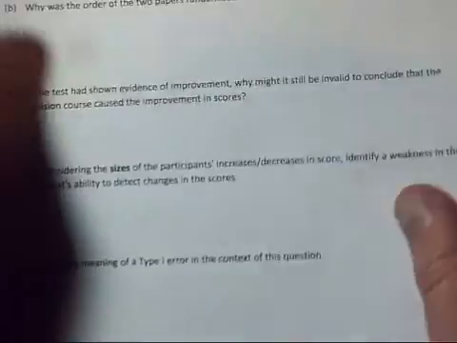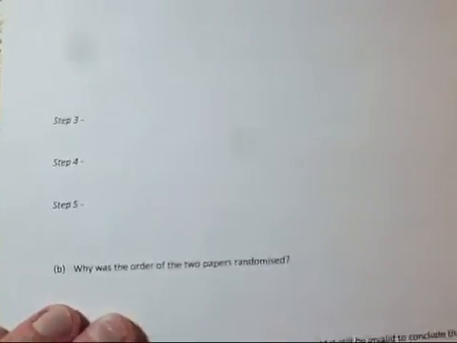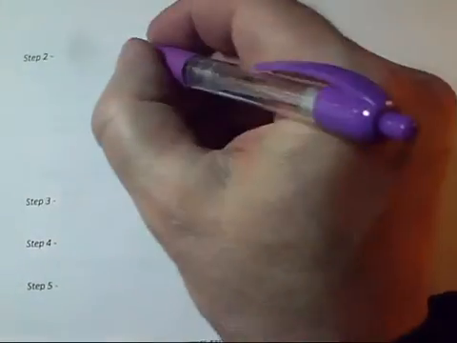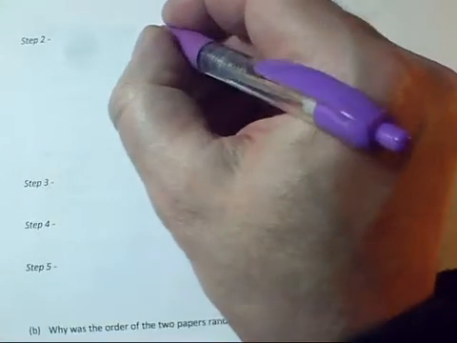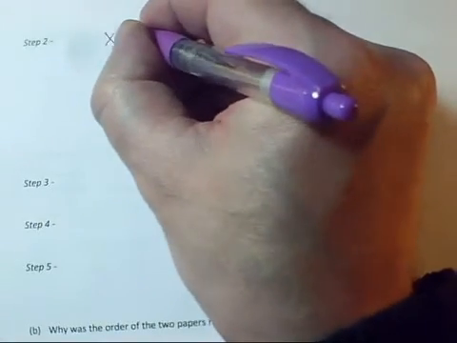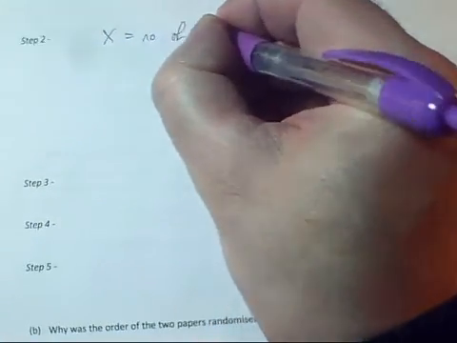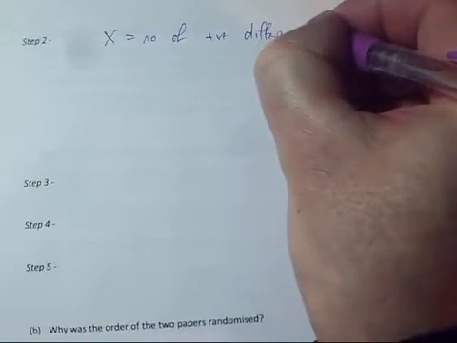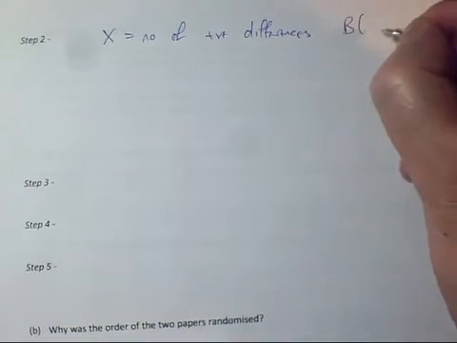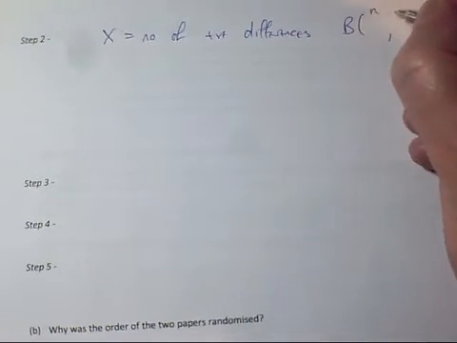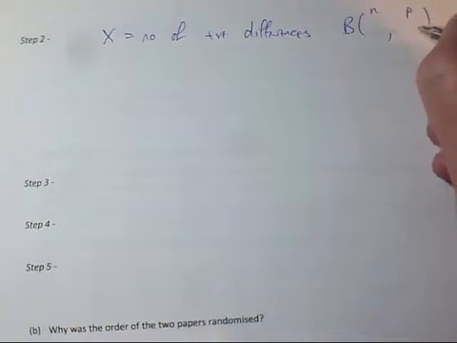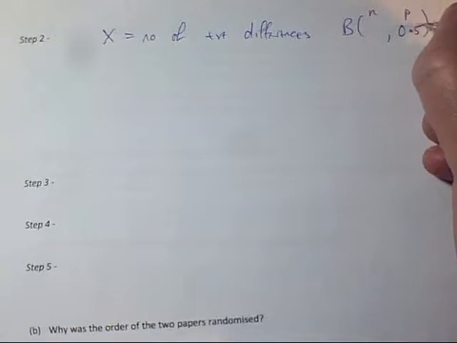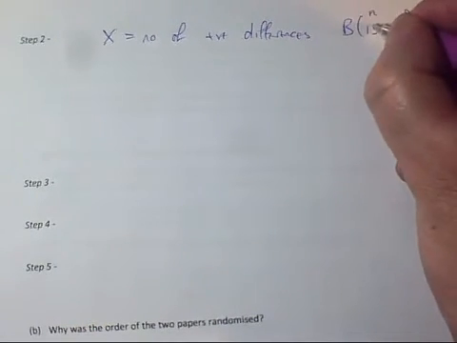So step 2, the test statistic. Okay, well, I'm going to be using X, the number of positive differences. So if the probability really is a half, I'll have a binomial with a probability of 0.5, and there were 15 people.